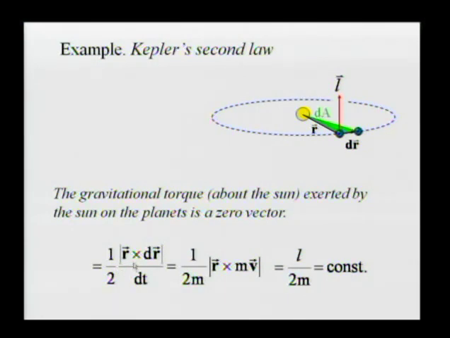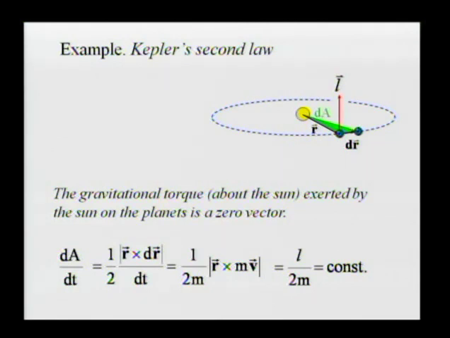So really, this expression says that it is the rate at which the position vector sweeps area along the plane of the orbit. Can you see that?